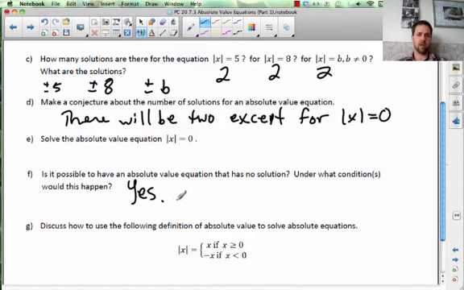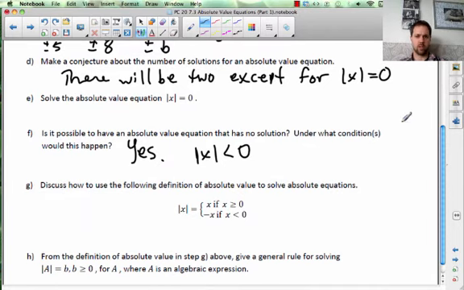It would be possible to have an absolute value equation with no solution if the absolute value of a variable was less than, not equal to, but less than, 0. Because you can't take the absolute value of something and end up with a number less than 0, which would be a negative number. Because you take the absolute value, it's always positive.